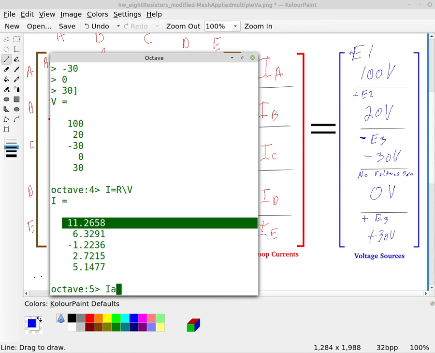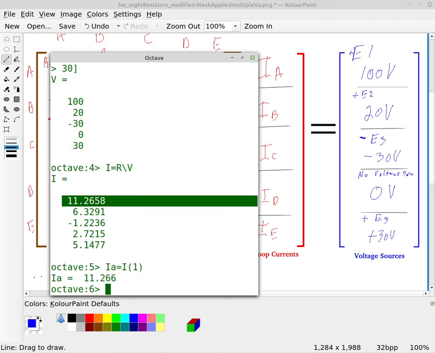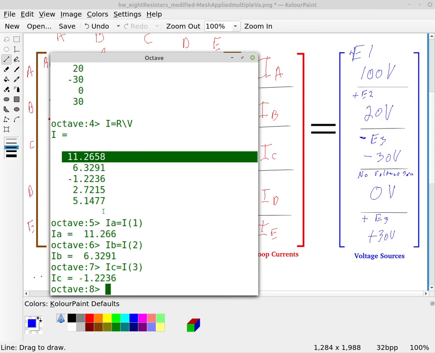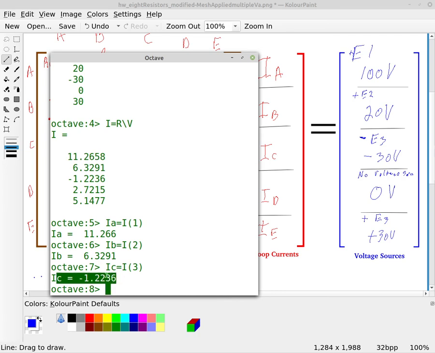So I have IA is equal to the first value. And then we can say IB is equal to the second value. And IC is equal to the third value. And so on, so we can separate these out. Now notice that IC is negative.